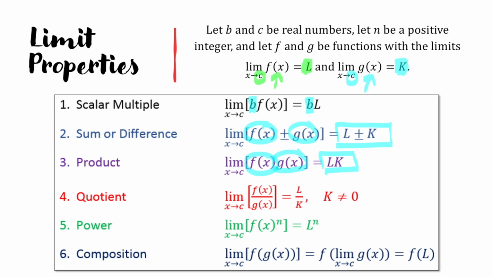See where this is going? 2 functions that are being divided, their limits can also be divided as long as the limit on the bottom is not 0. You can take a function to a power and its limit to the power. This last one's a little bit trickier, but basically you're going to take the limit and apply it to the inside function, then you get a number and it's just f of that number.